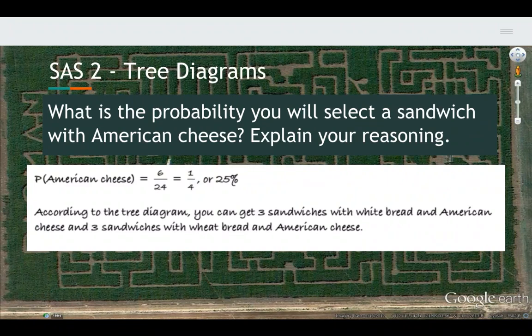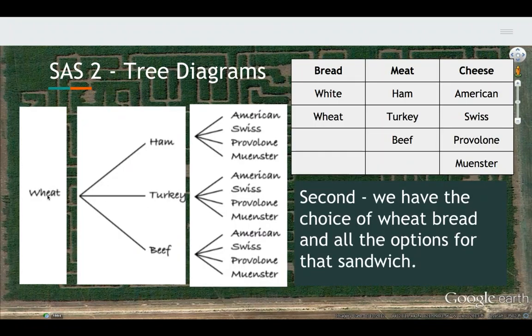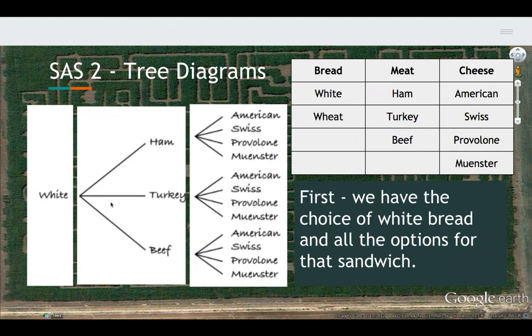I'm sorry, that's not true. I apologize. Let me go back and look at this diagram real quick. American, right? 1/3, 1/3, 1/3, but that's the wheat side. How about the white side? 1/3, 1/3, 1/3. Is that right? No, it's 1/3 times 1/4, which is 1/12.